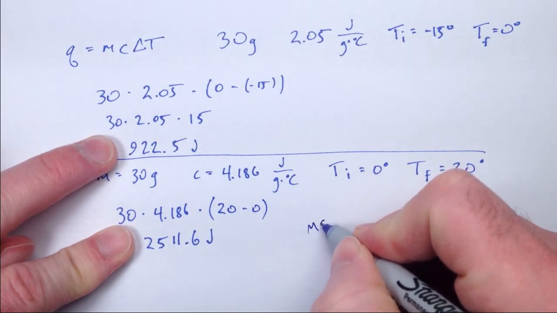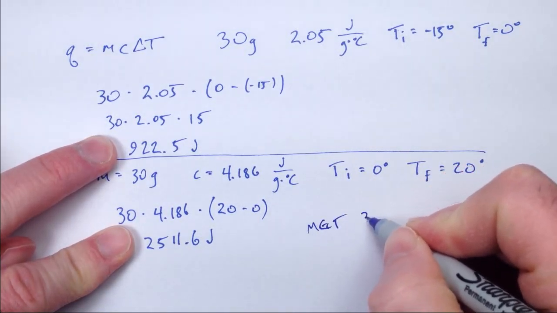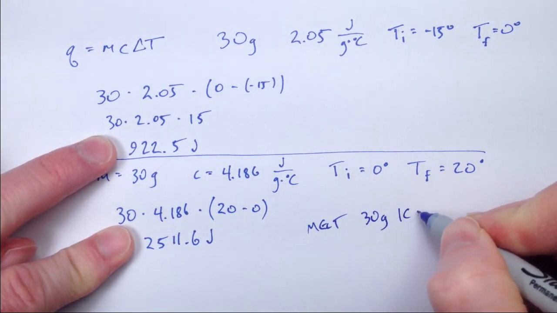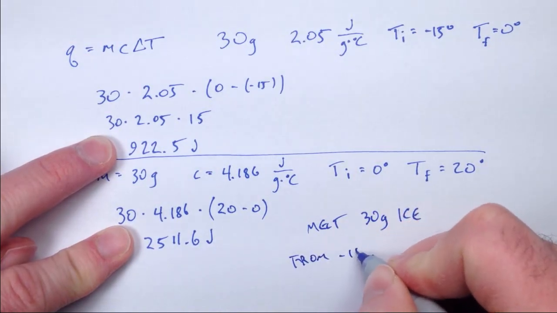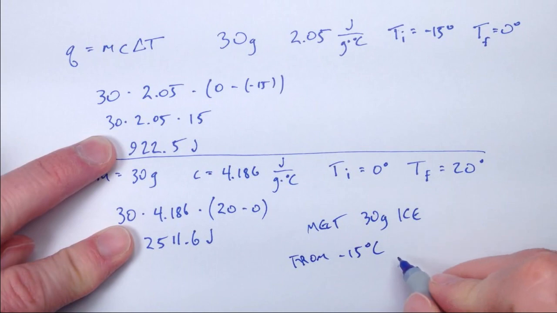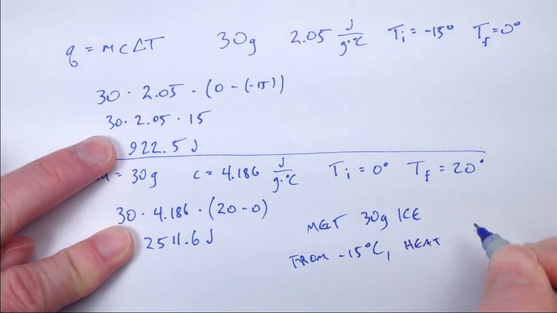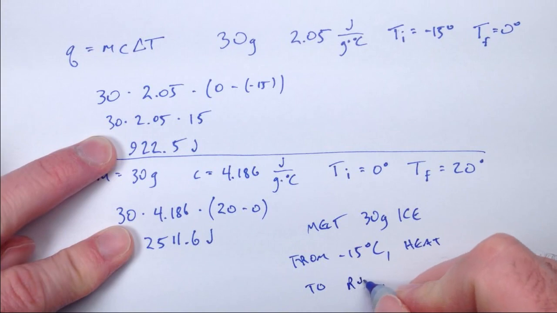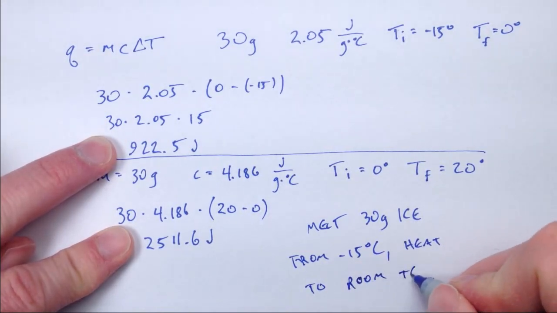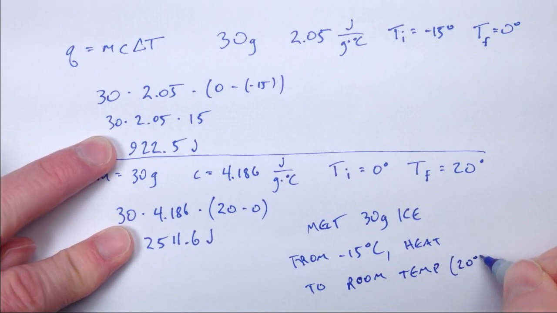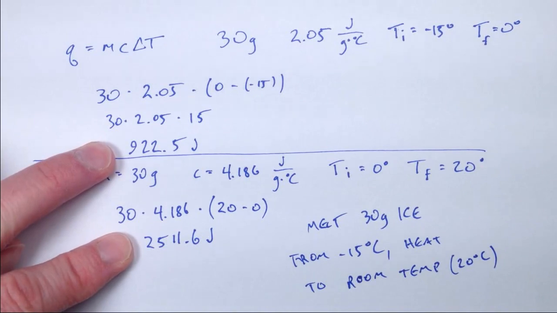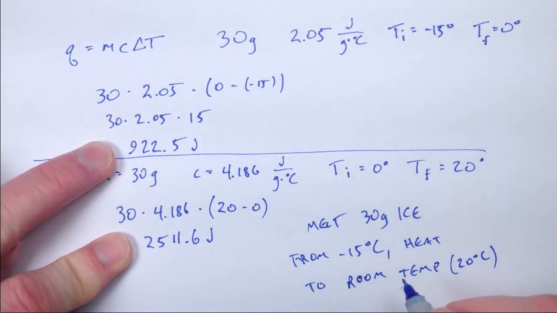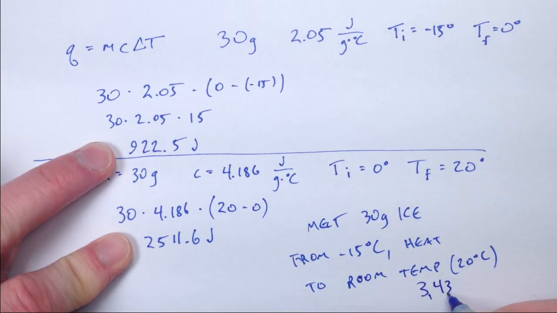So together, those two mean that to melt 30 grams of ice from negative 15 C and then heat it to room temperature, which is 20 degrees C, you might expect it to take the total of those two numbers, which is 3,434.1 joules.